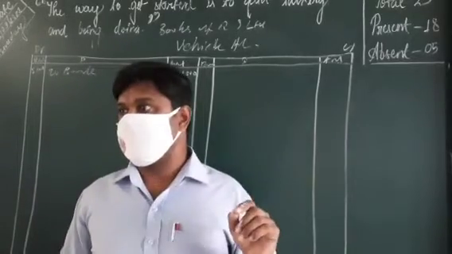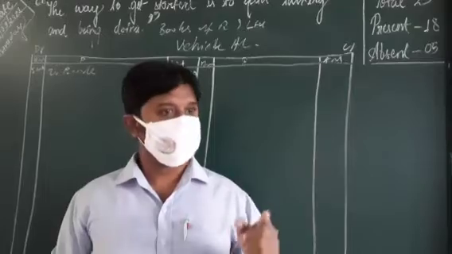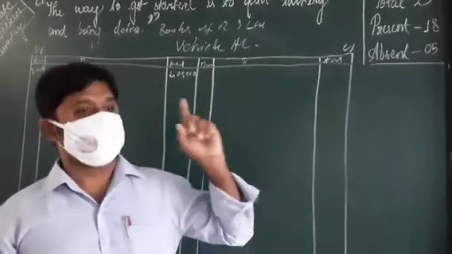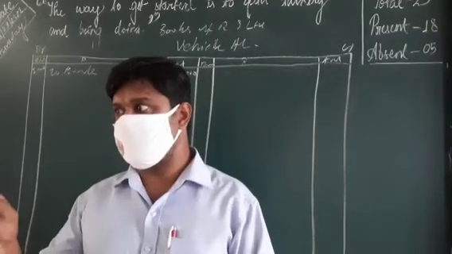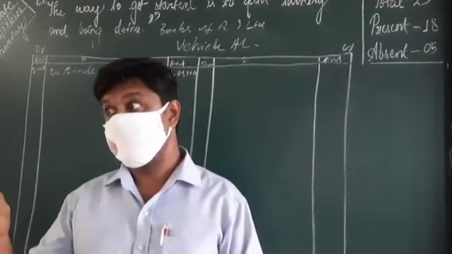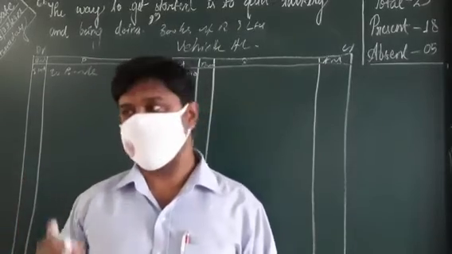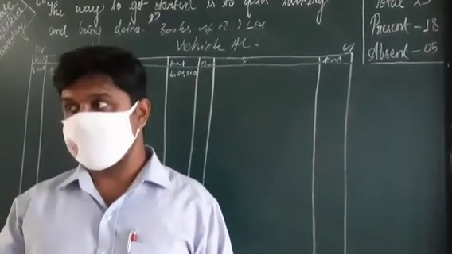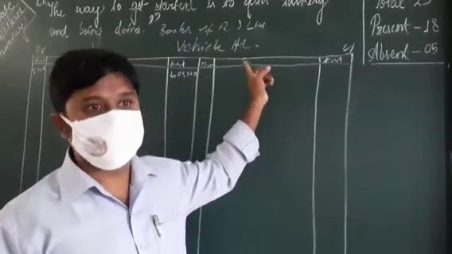What is the entry when depreciation is charged? The asset account, the vehicle account, is credited with 90,000.